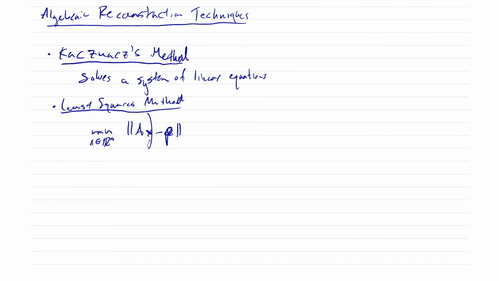There might not be a unique solution for x, but we pursue the x that will give us the smallest difference between Ax and p, where p represents our Radial Transform. Okay, so what is the general idea of algebraic reconstruction techniques?